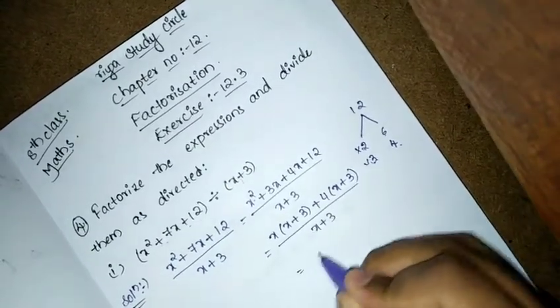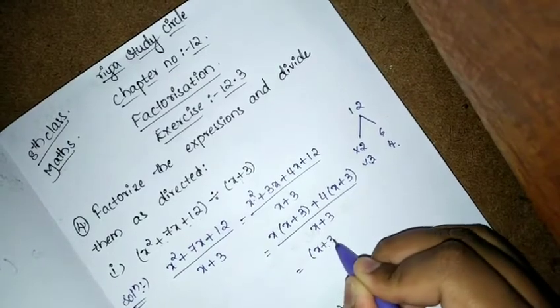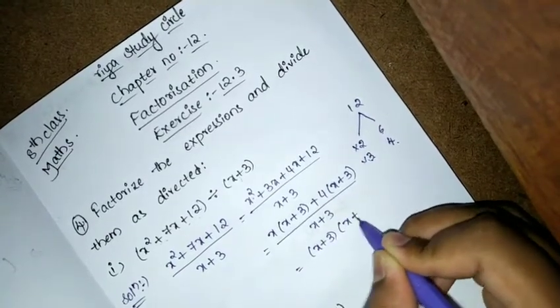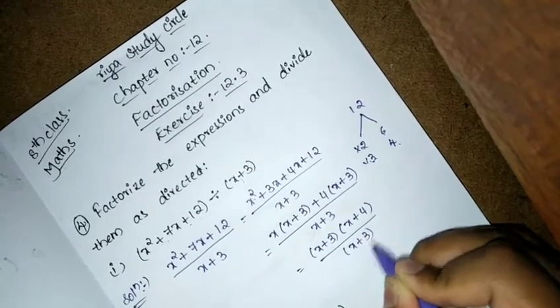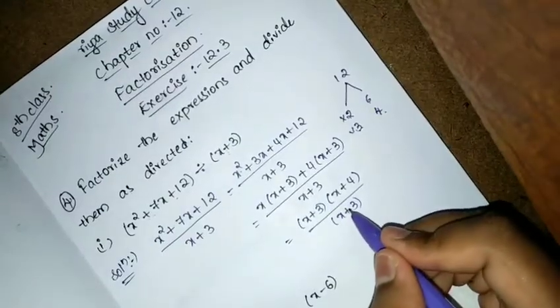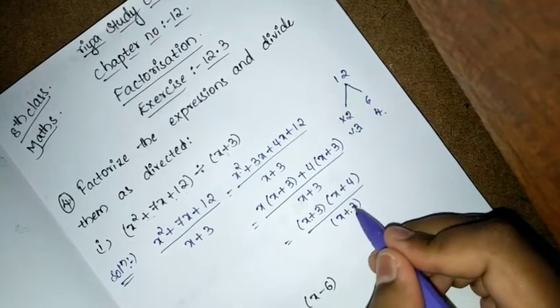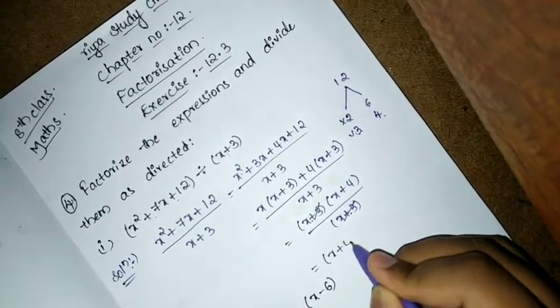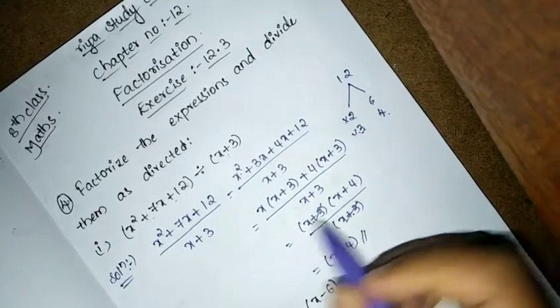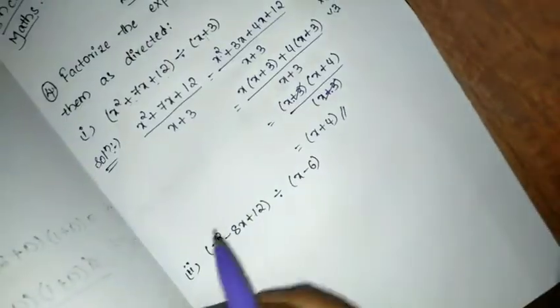From these two terms we can take x plus 3 common, then we have x plus 4 divided by x plus 3. So in numerator and denominator we have x plus 3, so we can cancel this. Then we get x plus 4. So this is our final solution for the first problem.